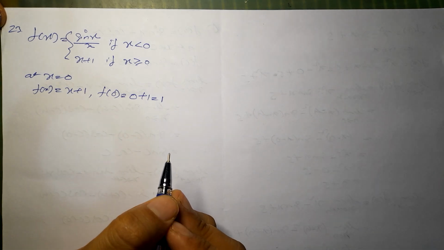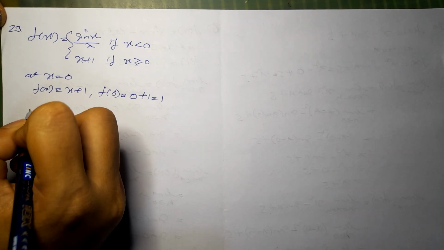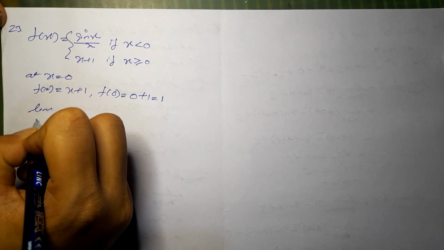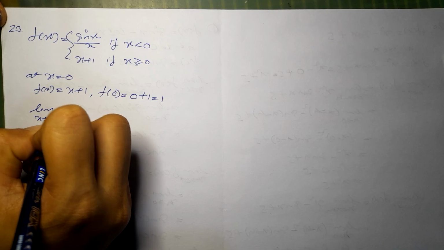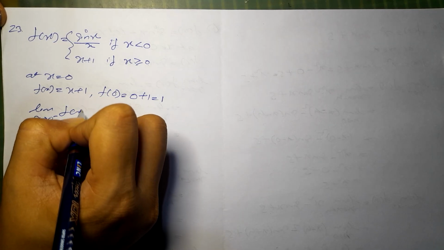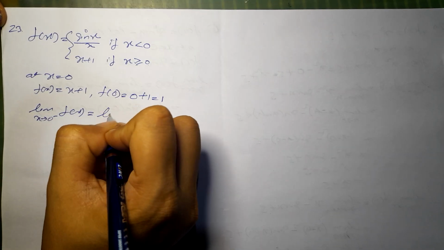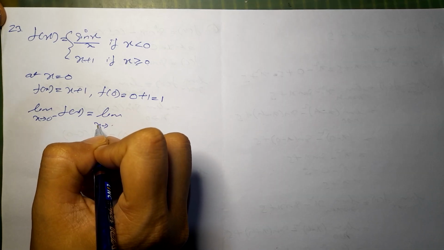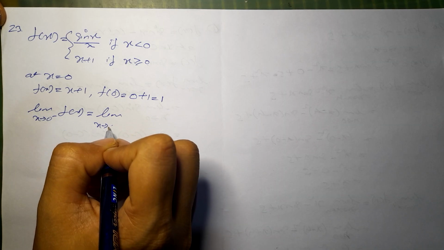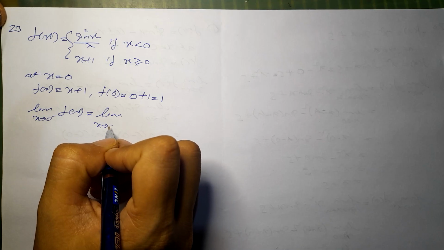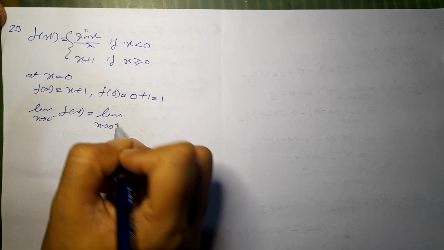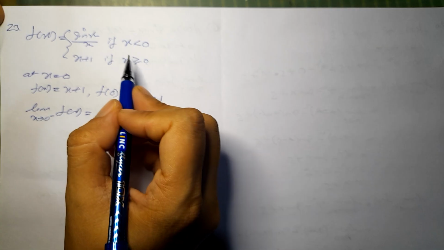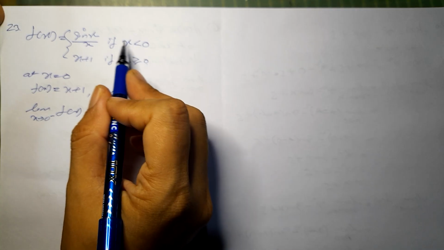So now the left hand limit and right hand limit. Limit x tends to 0 minus f of x, that is the left hand side of 0, so it will be less than 0.